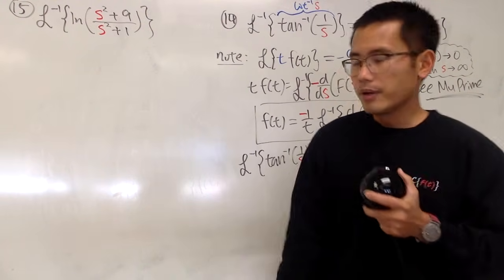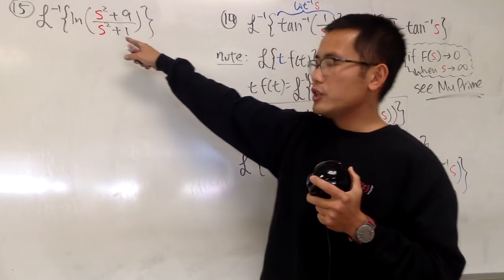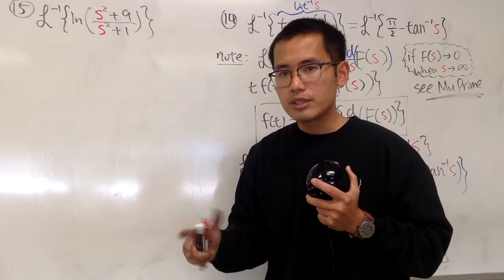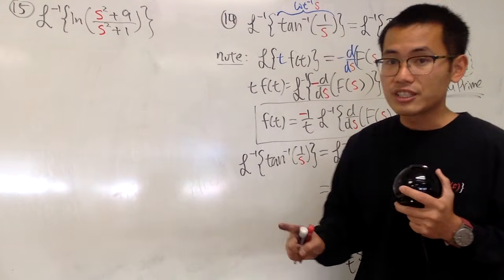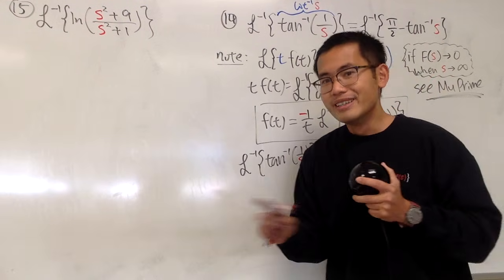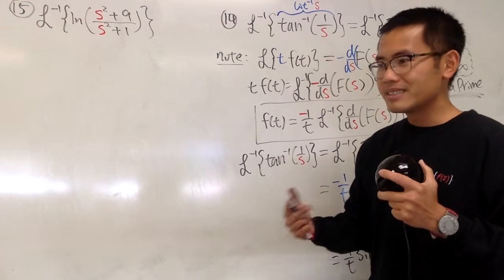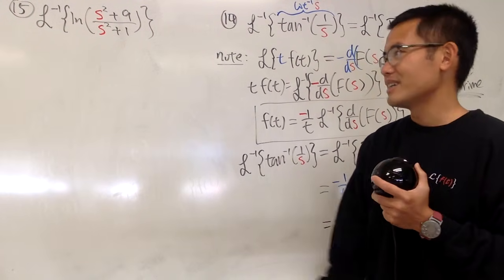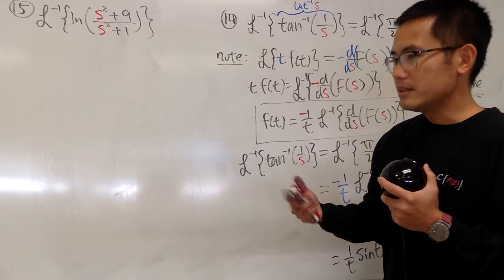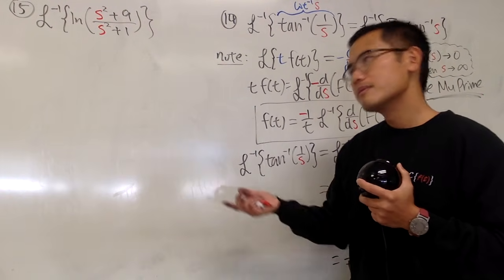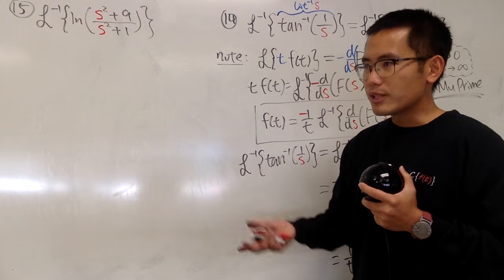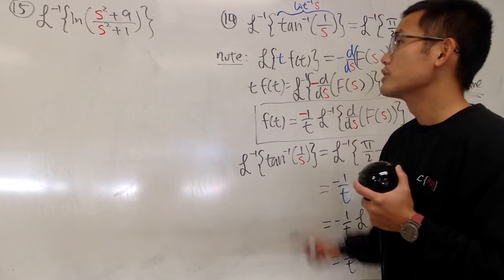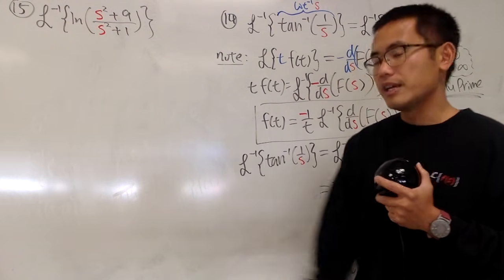Okay, here's the deal. If we differentiate ln, again we will end up with a rational expression, so that's good. We prefer that. If you notice, all the Laplace transforms are pretty much in terms of s, as a rational expression in the s world. So differentiation first is a good idea.